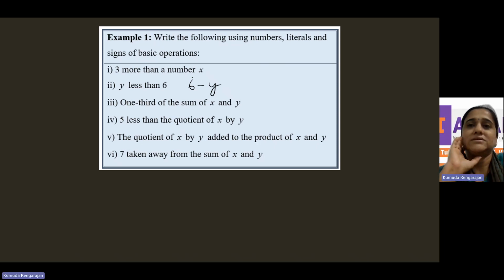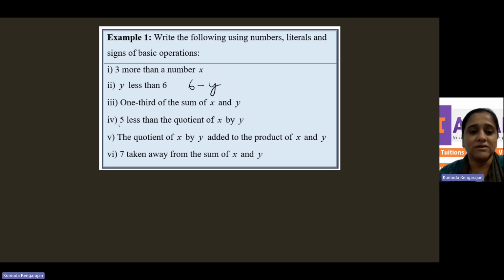Now the third one. One-third of the sum of X and Y. How do you write the sum of X and Y? X plus Y. "Of" is an operator which stands for multiplication.